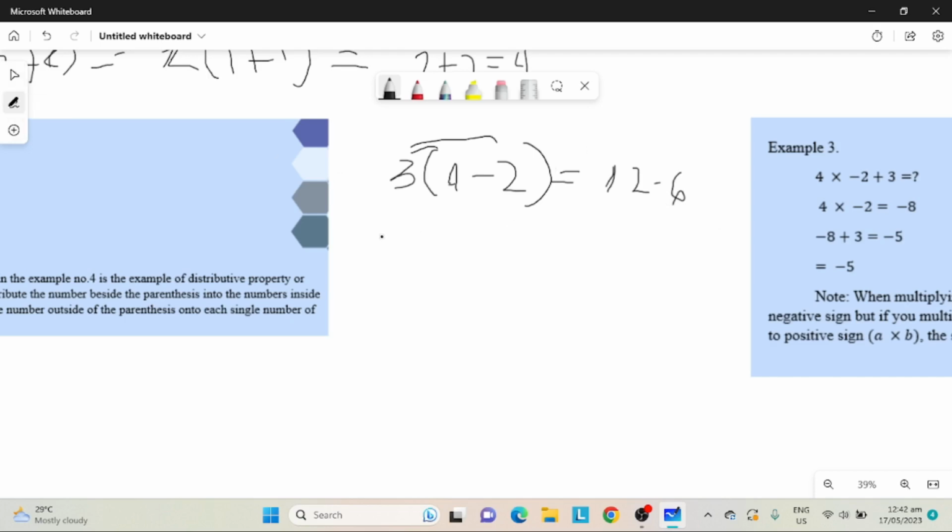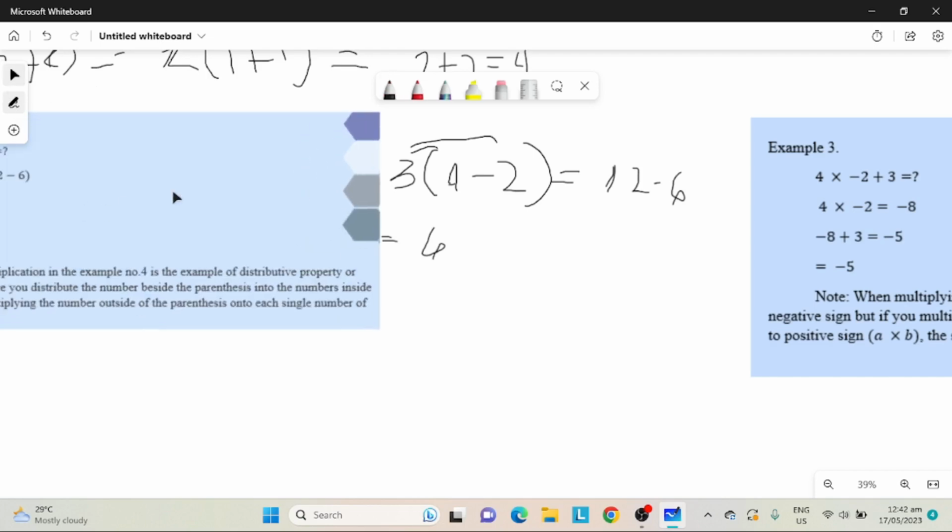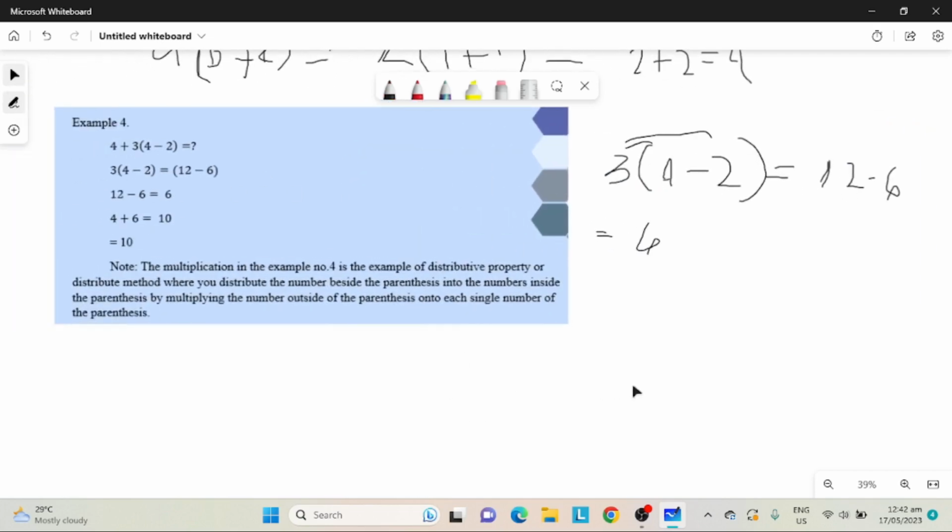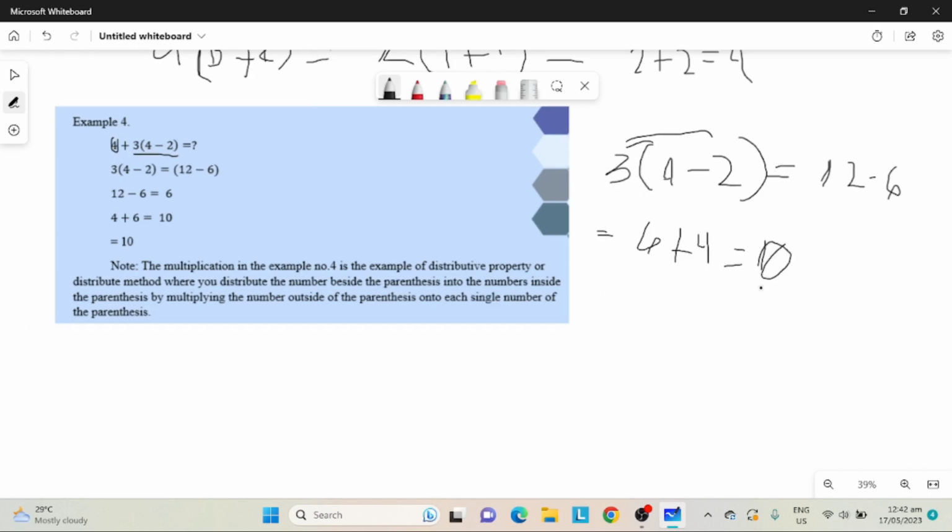Then do the operation, 12 minus 6 is equal to 6. Right? Yes. Then after that, copy the remaining given, which is 4. Take note, we used the 3 and the 4 minus 2. That leaves us with the 4. So 6 plus 4 is equal to 10.